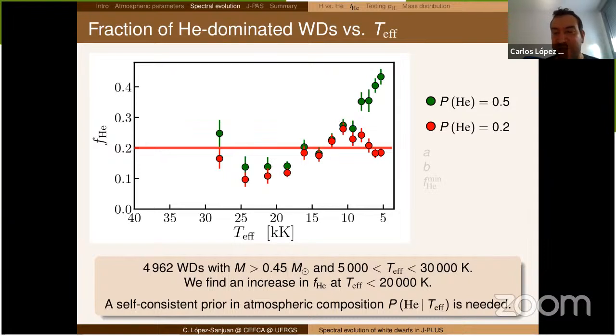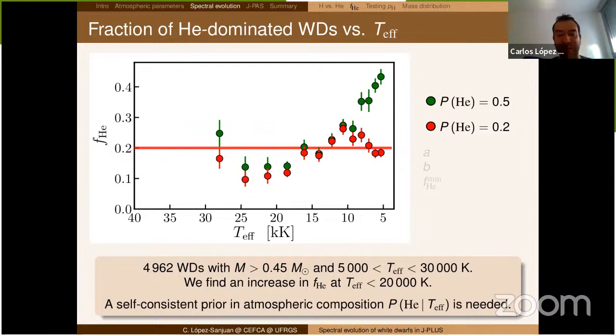So the interesting thing here is to see that at lower temperatures, the prior is changing dramatically the results, while above 10,000 Kelvin, the change is subtle. So that means that the data information is prominent above 10,000 Kelvin, but when we go below that temperature, we start to be in the noisy part, and then the prior starts to dominate.